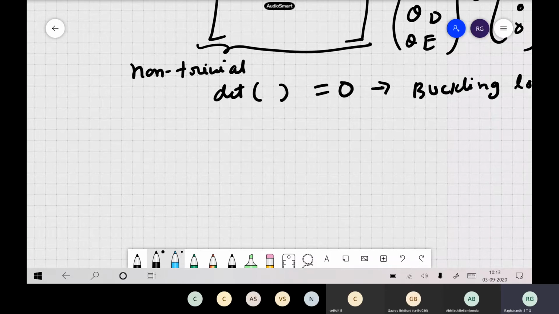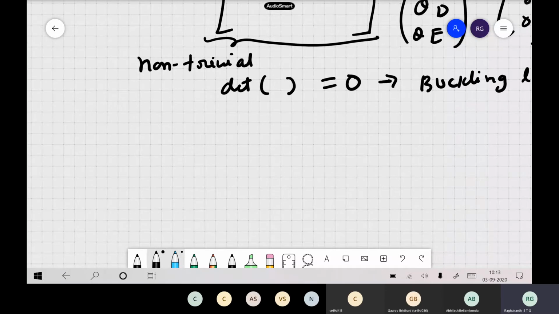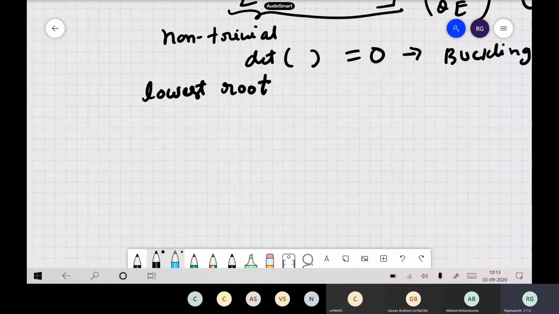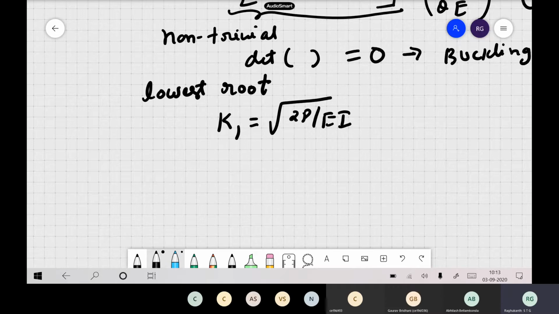For this problem, the lowest root you can solve very easily on a computer in MATLAB. This lowest root will be your K3. We write K1 like 2P by EI, because 2 loads are there, and K3 is the root of P by EI.